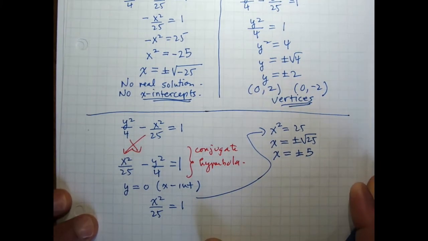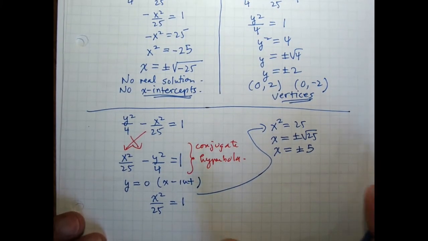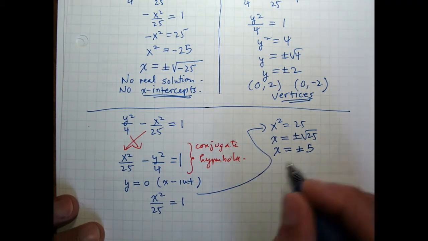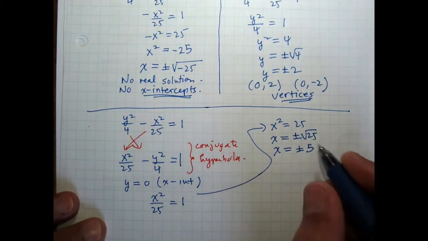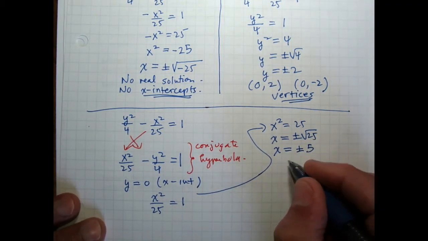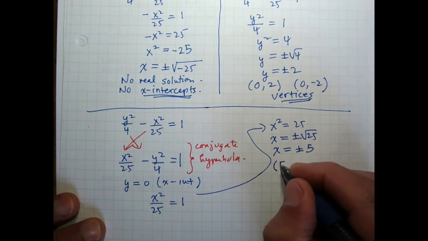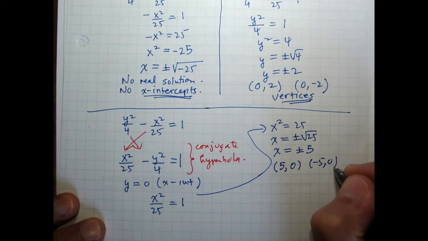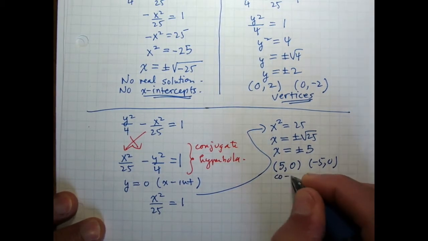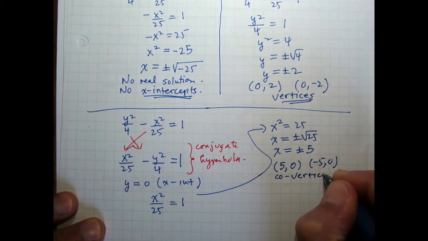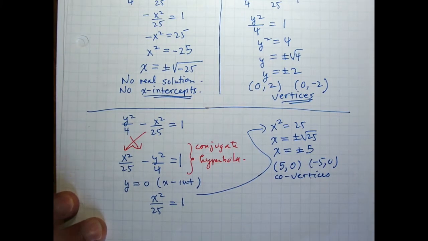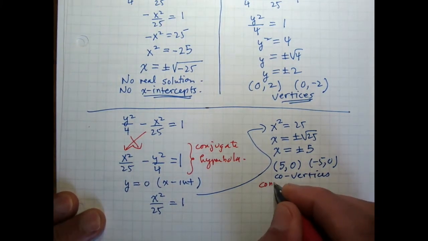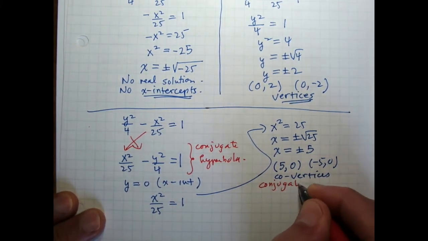Here I'm able to take the square roots because for this conjugate hyperbola, I end up taking a square root of positive 25. So these are x coordinates, so (5, 0) and (negative 5, 0) are the co-vertices, or I actually prefer to call them the conjugate vertices.